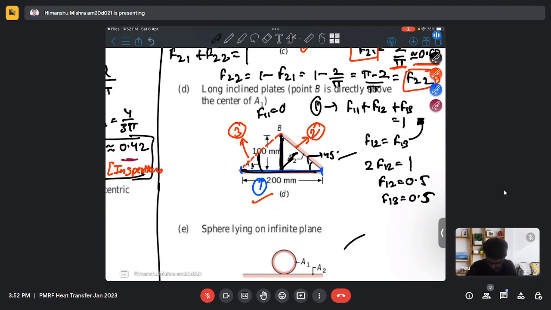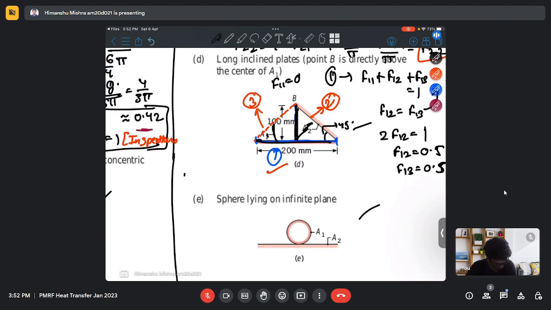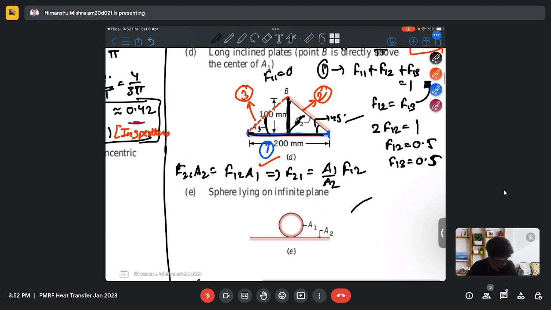Now we need to find F21. So we can again use the reciprocal theorem to find F21.